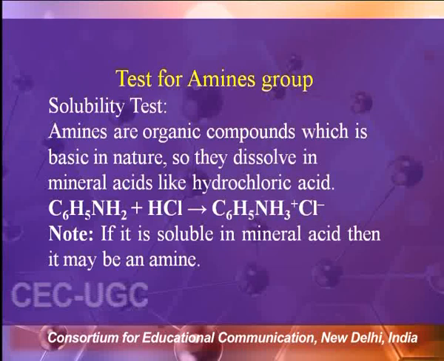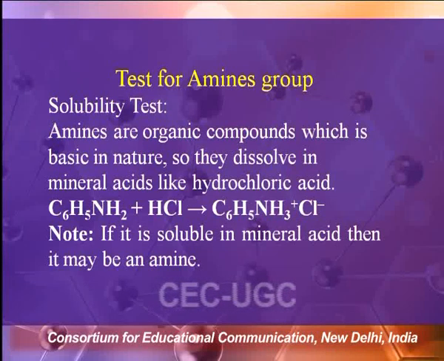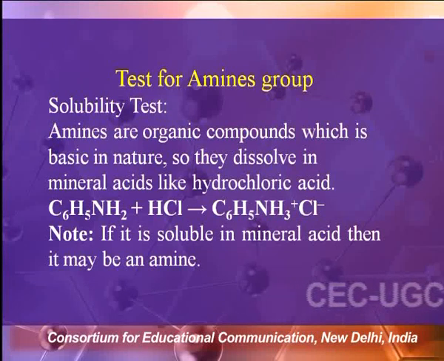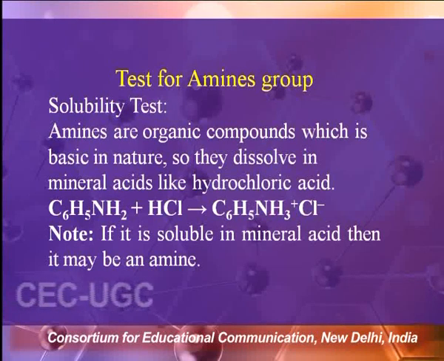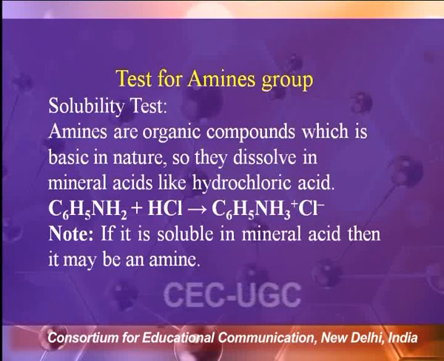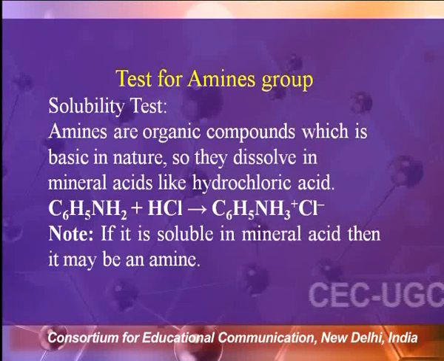So, what kind of reaction proceeds? You can see here the aniline structure, C6H5NH2. It is a primary aromatic amine, and when it reacts with HCl, a mineral acid, it gives an acid-base reaction and will give you the addition product, right. So, amines can easily be detected by the preliminary solubility test, but please take note that it is not at all a confirmatory test; it is a test we do in the preliminary tests.